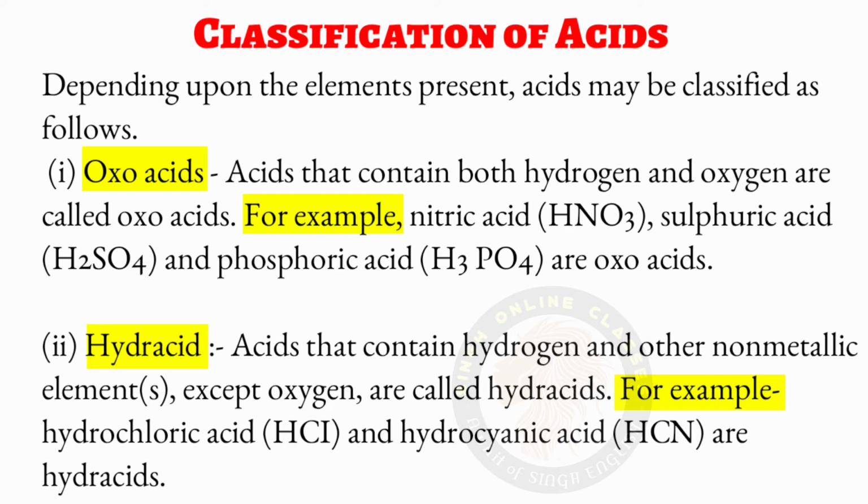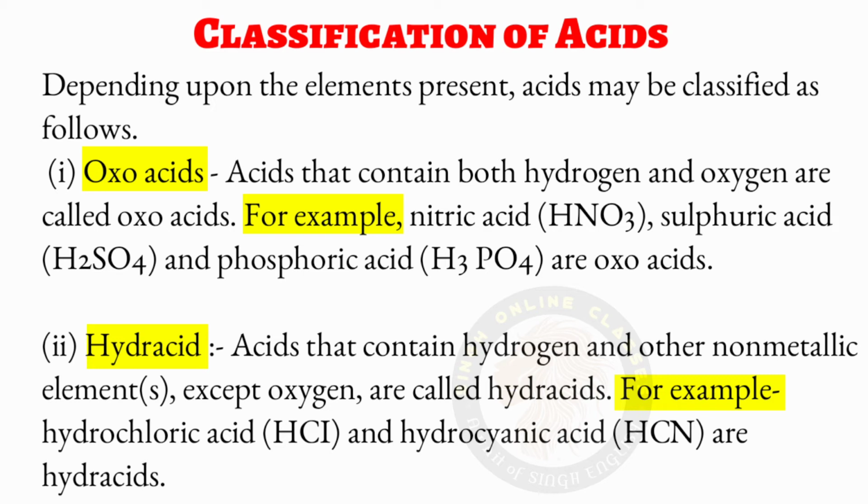Acids that contain both hydrogen and oxygen are called oxoacids. For example, nitric acid, formula HNO3, sulfuric acid, formula H2SO4, and phosphoric acid, H3PO4. In all cases, hydrogen as well as oxygen are present here. So these are the examples of oxoacids.